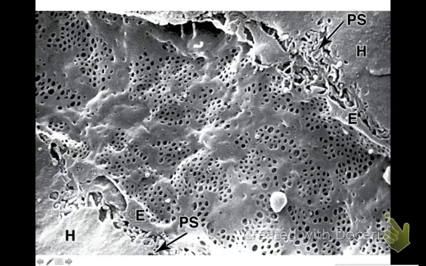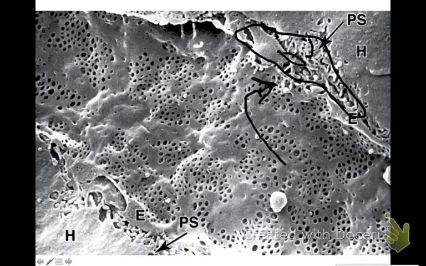In addition, another thing that helps the exchange happen is these microvilli. And here is the perisinusoidal space, what this arrow is pointing towards, and that's where a lot of the exchange happens. So let's say a big drug can go in here and enter one of these little holes, enter the perisinusoidal space, and then get sucked in by the microvilli of the hepatocyte.